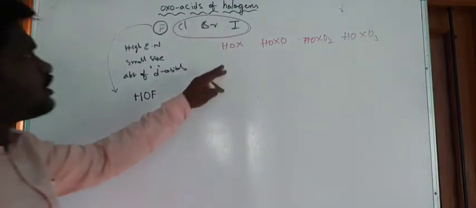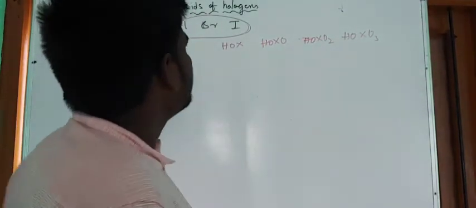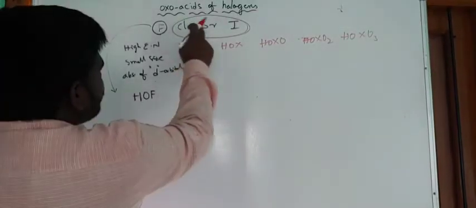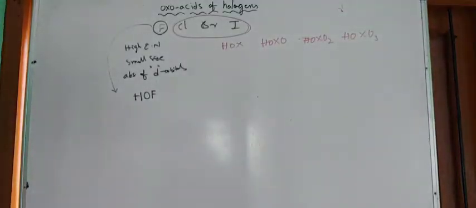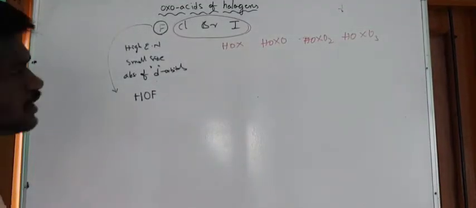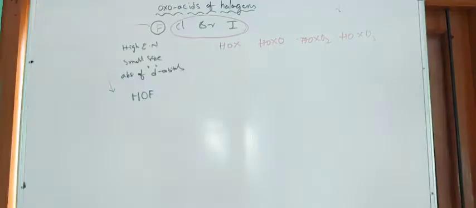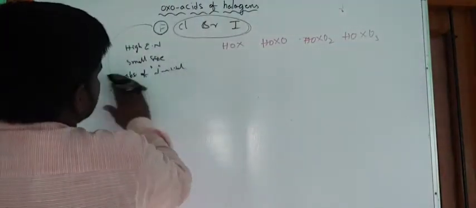They form HOX type, HOXO type, HOXO2 type, and HOXO3, where X means chlorine, bromine, and the next one iodine. So where X means chlorine, bromine, or iodine. Now first let me write the examples of the oxo acids given by chlorine.